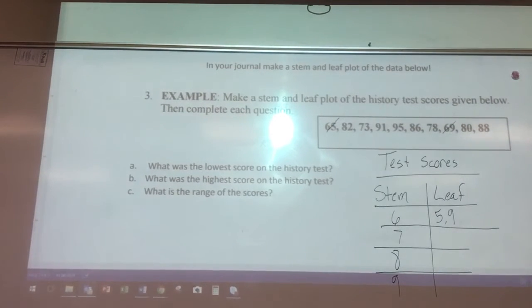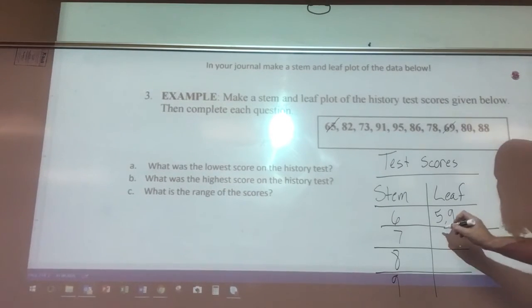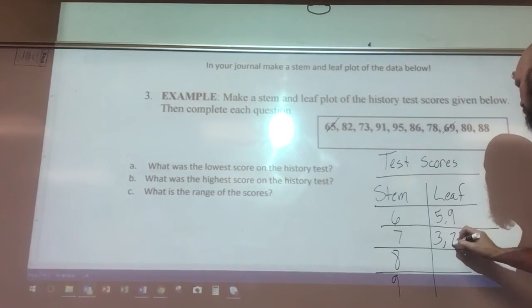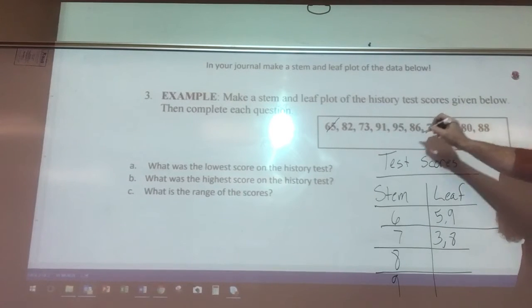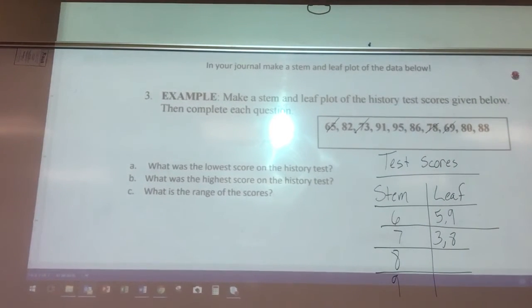Now my 70s. Olivia, what do you have in your 70s? 3, 8. 73 and 78. In my 80s.